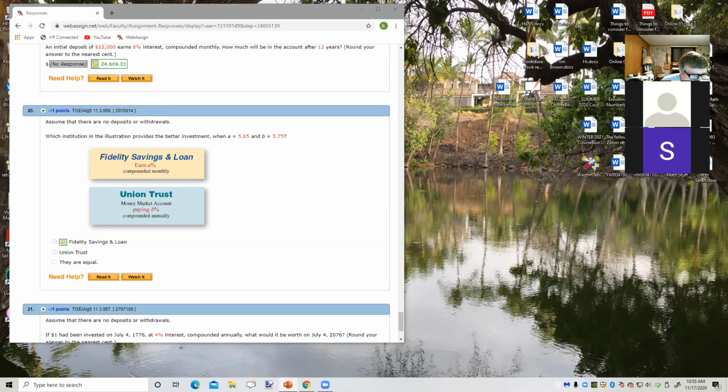The interest rate for part A is 5.65%, which is 0.0565. For B, it's 5.75%, which is 0.0575. Okay. K for the first one is 12. For the second one is 1.